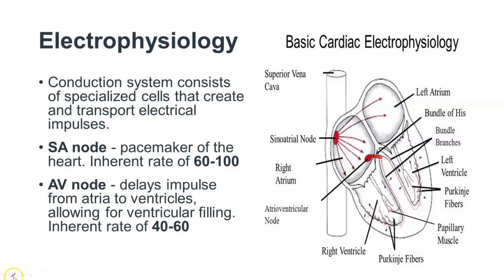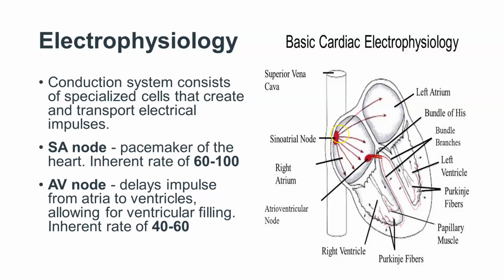We know that our hearts, in order to have the mechanical pumping action, need electricity. So we know that the heart has specialized cells that create and transport those electrical signals. And we do that because we want our atria contracting at the same time and relaxing at the same time, and our ventricles contracting and relaxing at the same time.